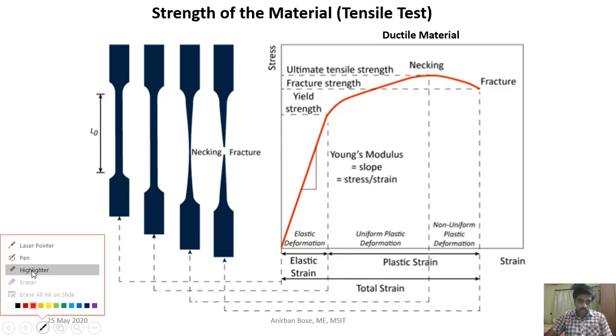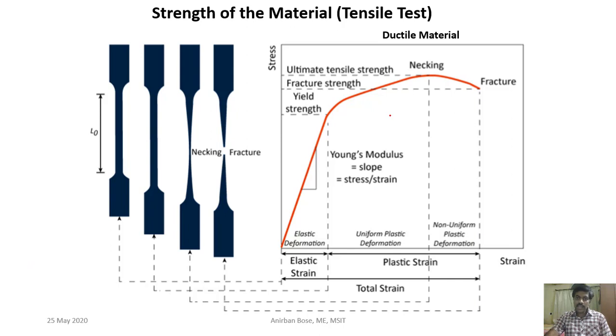Now you see another very important point in the stress strain diagram, which is called the ultimate tensile strength point. This is the point where maximum stress occurs in this engineering stress strain diagram. Here you can see that at this point neck formation starts.